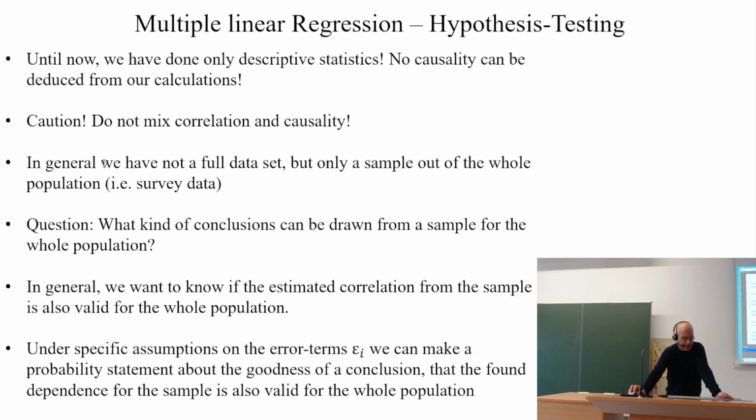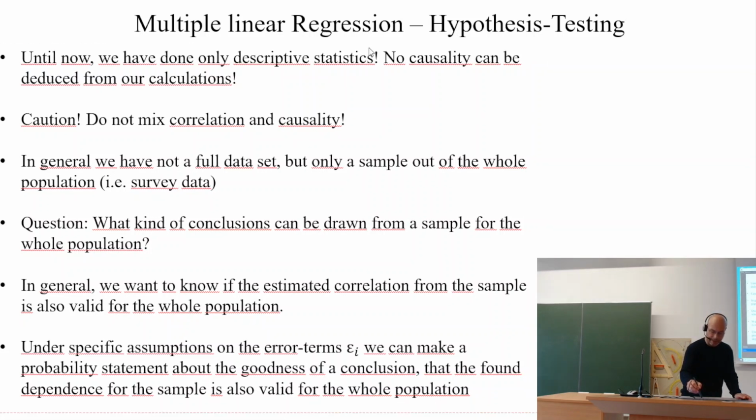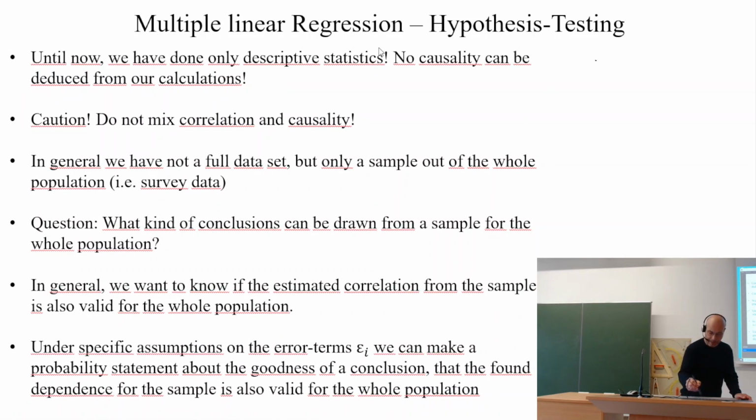And this just means still we have only a correlation, but we have no causality. So what we are doing until this point in the lecture, we are doing only descriptive statistics, and we cannot deduce from descriptive statistics causality.